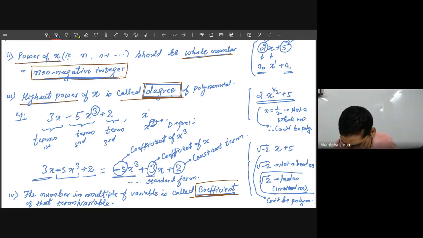Second term, coefficient, variable with its power. Okay, student? It is this one. So coefficient simply means whatever number is multiplying that variable; that is called the coefficient. Example, I had already explained above. Say, let me write on the next page.